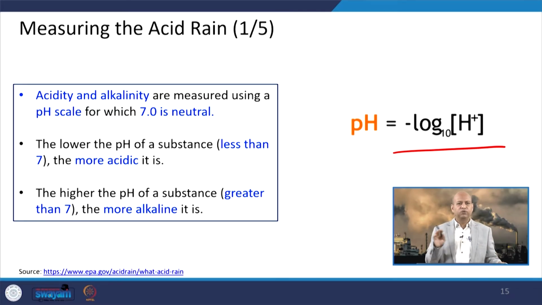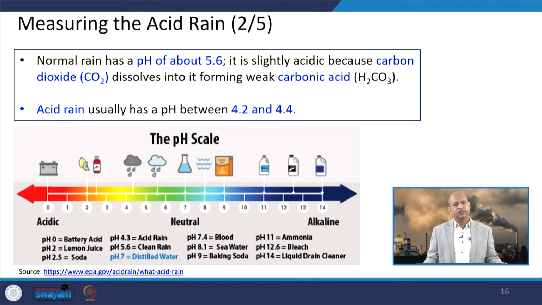Okay? So, those are the definitions of acidic and alkaline solutions, and normal rain has a pH of about 5.6 or so, it is not 7. Okay? The reason is that this slight acidity is due to the carbon dioxide present in the atmosphere, which dissolves into the moisture, the rainwater, forming weak carbonic acid, H2CO3. Okay? And acid rain usually has a pH between 4.2 and 4.4.